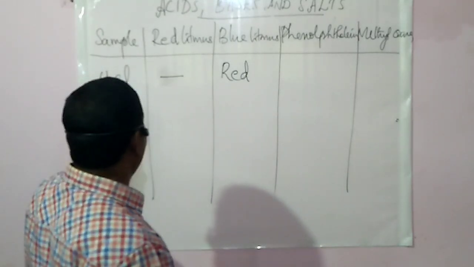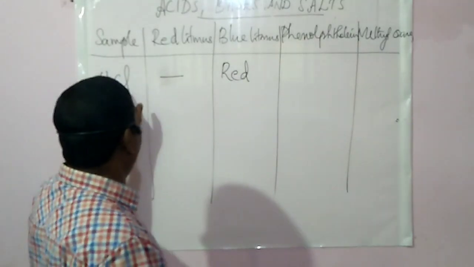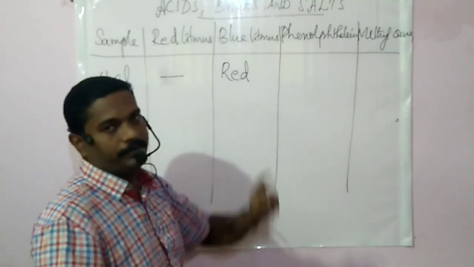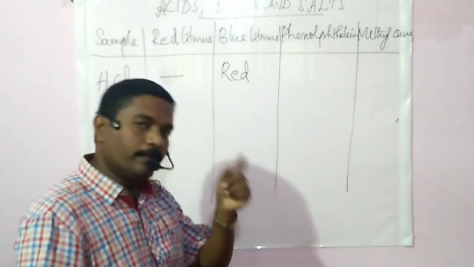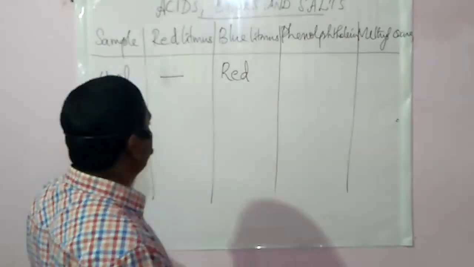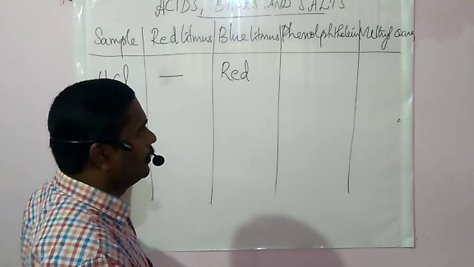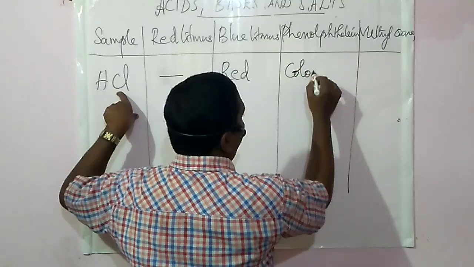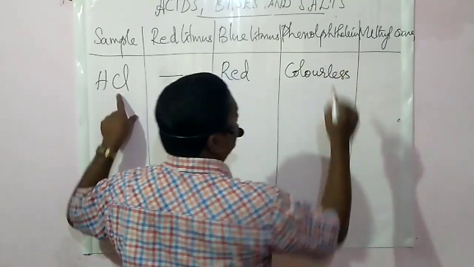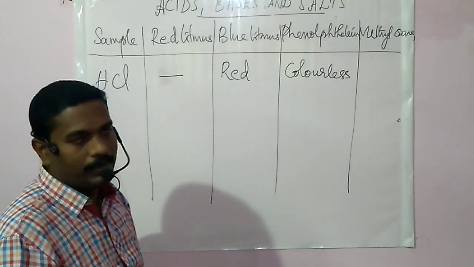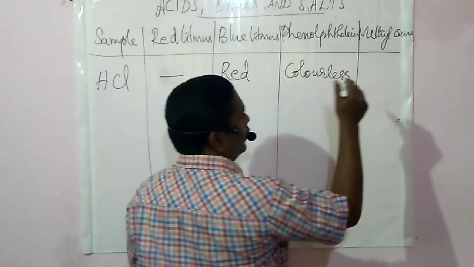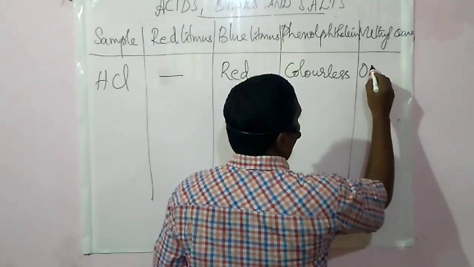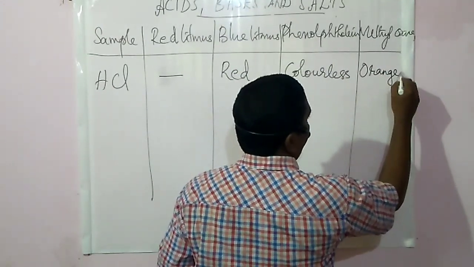And what is the color of HCl in phenolphthalein? In phenolphthalein, HCl is colorless, having no color, and with methyl orange it is orange red.